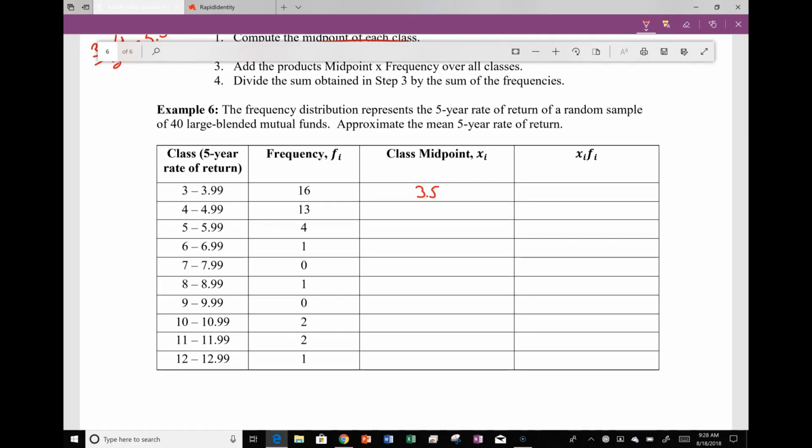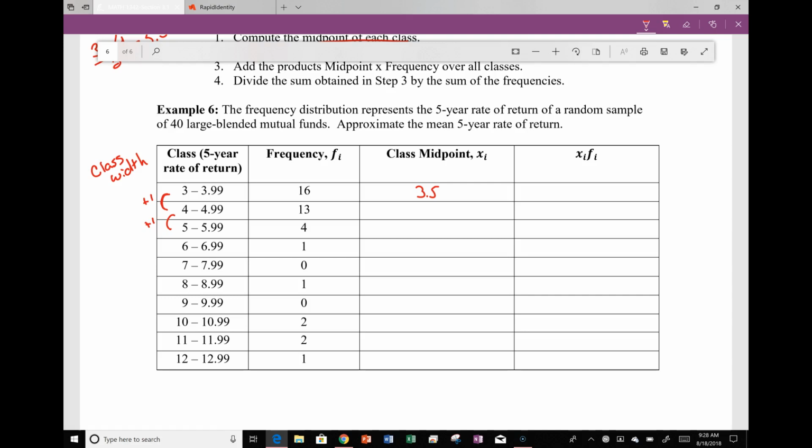If I look here, notice that I have a difference between these two lower limits of 1. So I've added 1 down each time. This is my class width. And the reason why I'm finding the class width is because the class width is the same on the class midpoints as well.